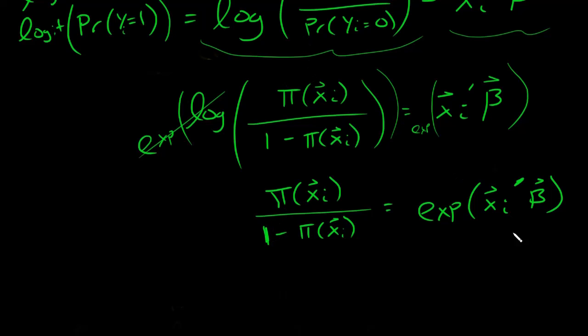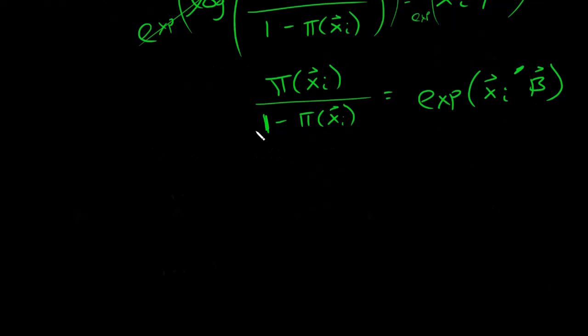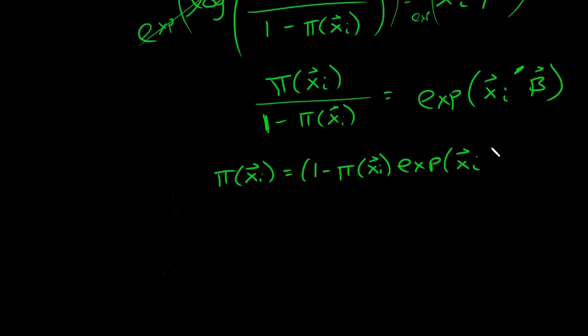So let's go ahead and multiply both sides by the denominator. So I have pi of xi equals 1 minus pi of xi, in parentheses, times e to the power of xi transpose times beta. Then go ahead and distribute.